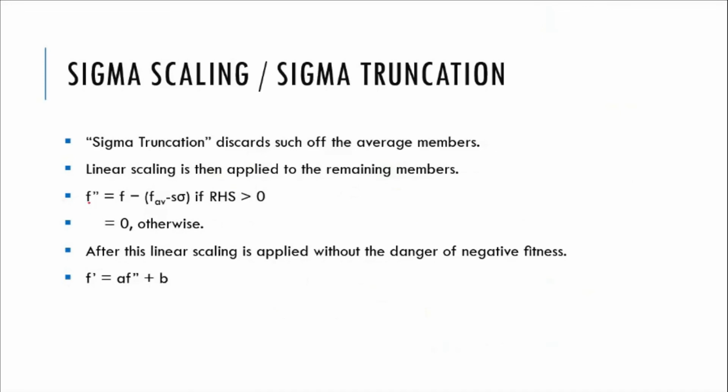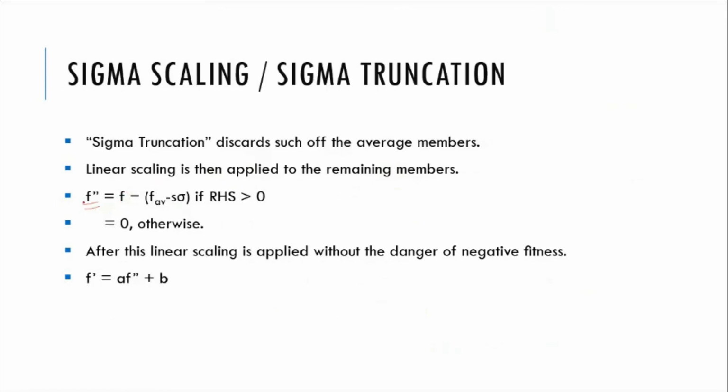So we calculate F double dash as F minus (F average minus S sigma). F average is the average raw fitness, S is the scaling factor, and sigma is the standard deviation of the raw fitness values. Then F average minus S sigma is calculated and subtracted from each of the fitness values.